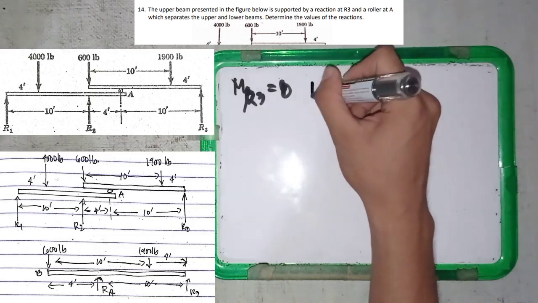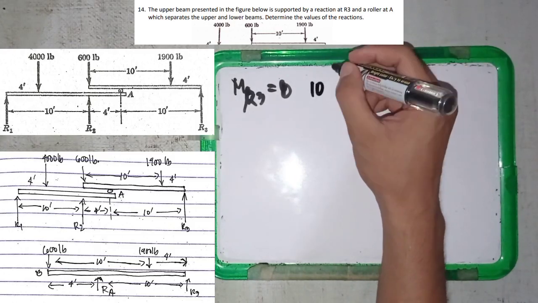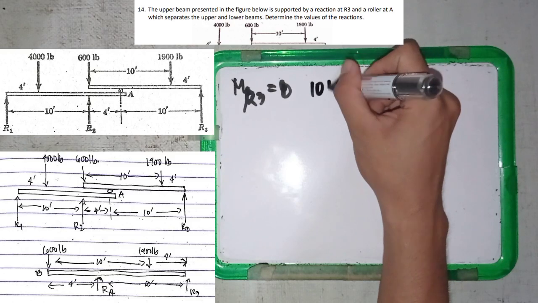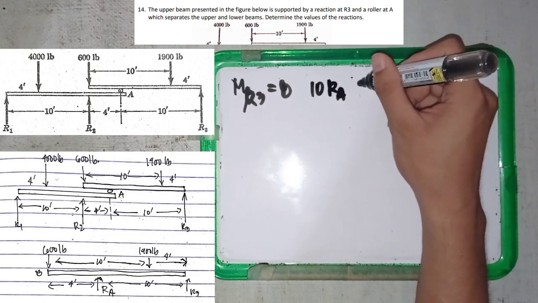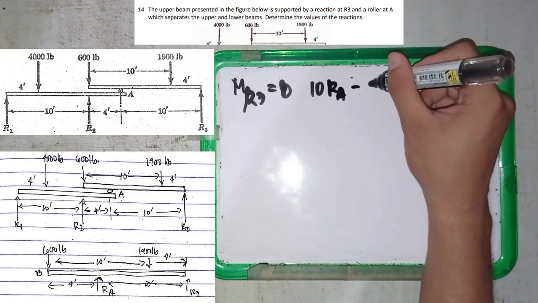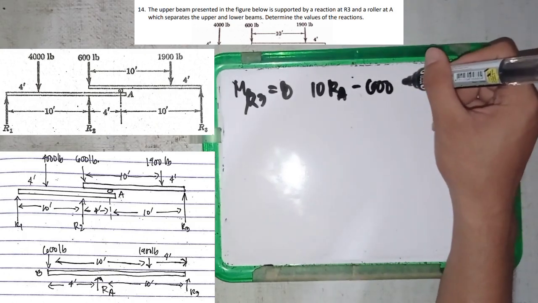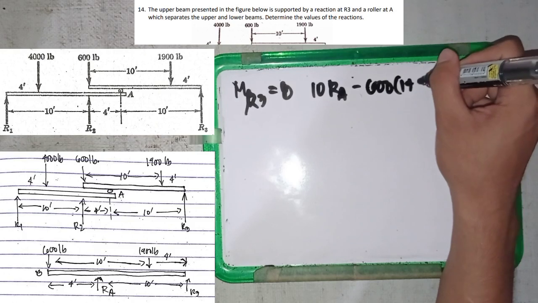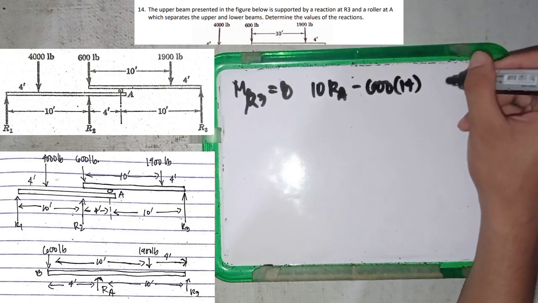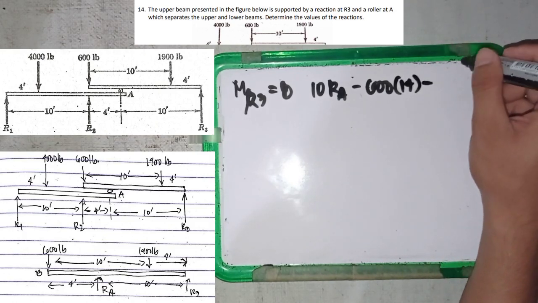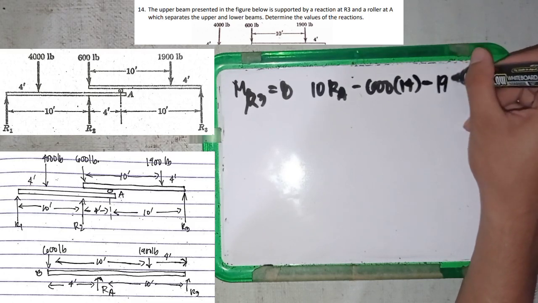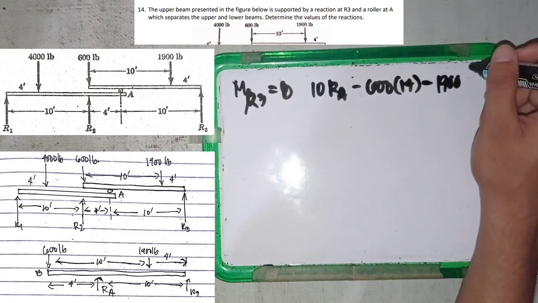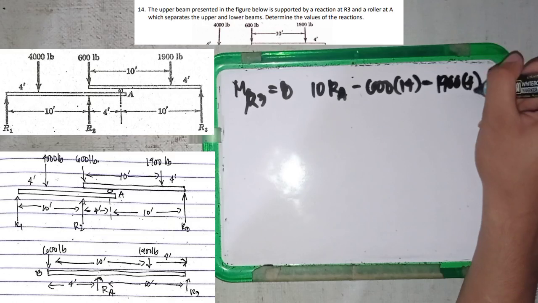So we have here 10 feet times the moment of RA, minus 600 pounds times 14 feet, minus the 1900 pounds, 4 feet to the left.